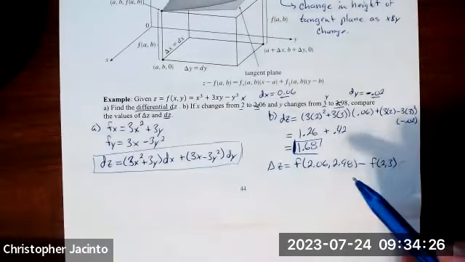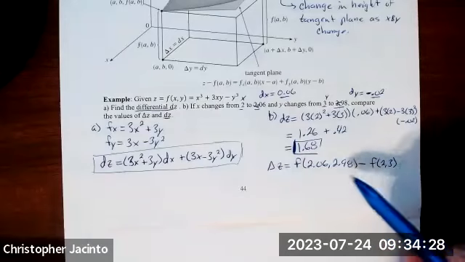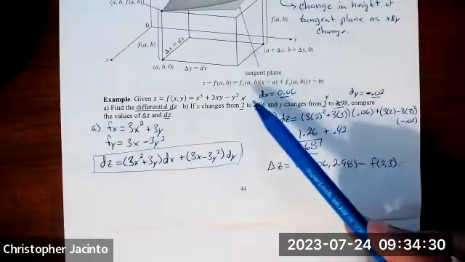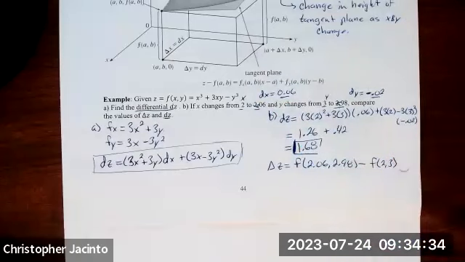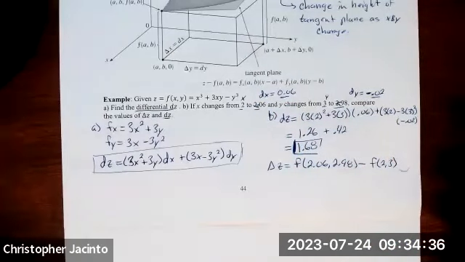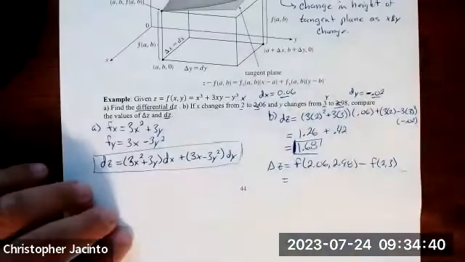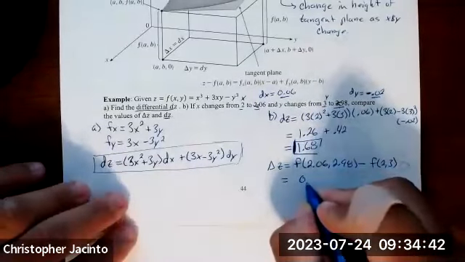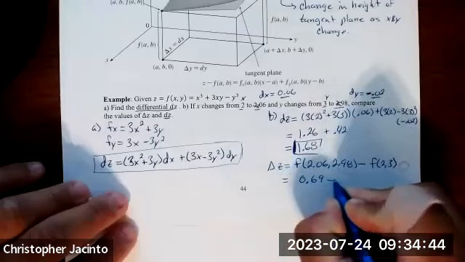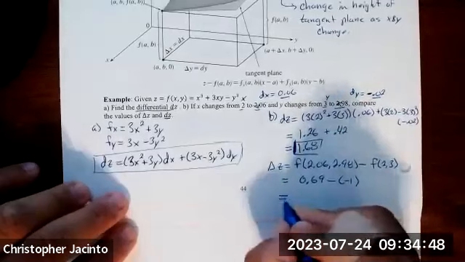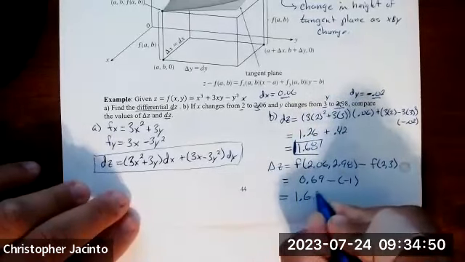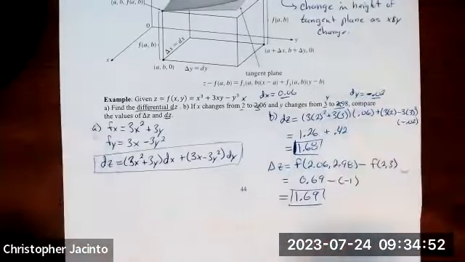So if I plug in the 0.206 and 2.98 into our equation, and if I plug in the 0.23 into here, what's that change going to be? That's literally all it's saying. Okay, so I'll spare you the details. It gives us that, which you notice is very close to our approximation.